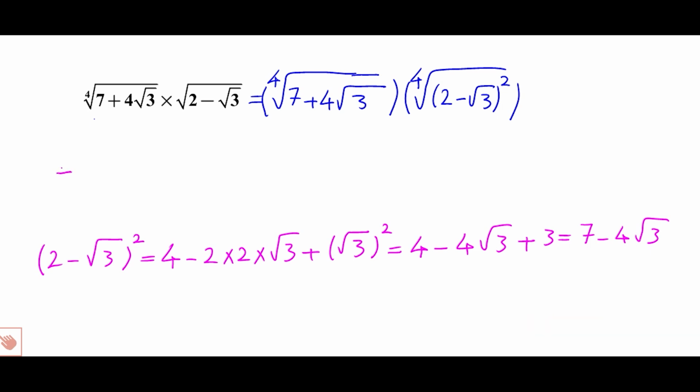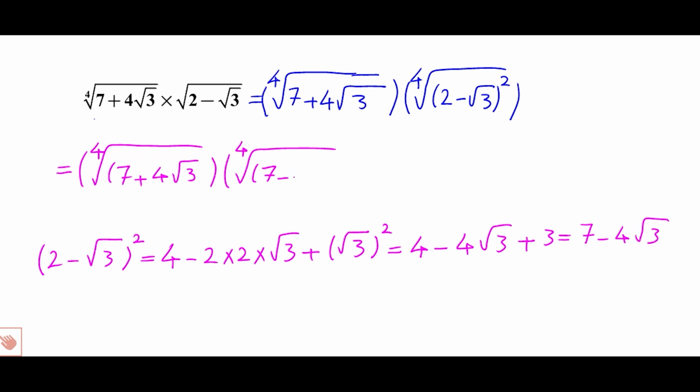So we have here the fourth root of 7 plus 4 times the square root of 3, times the fourth root of this expression, which is equal to 7 minus 4 times the square root of 3.